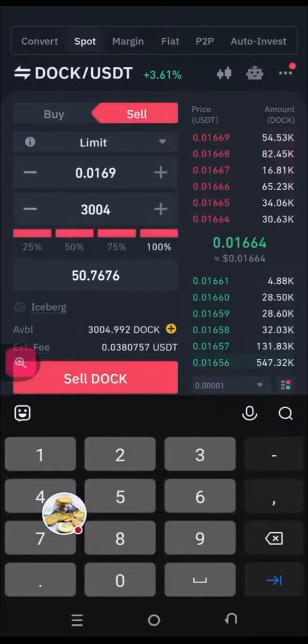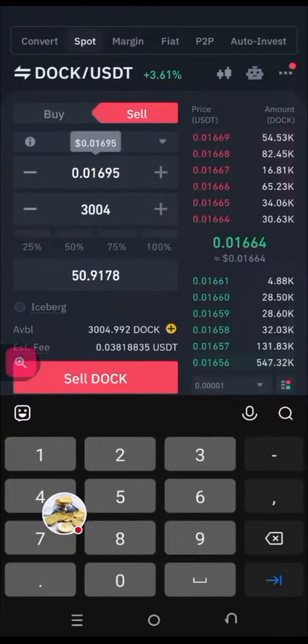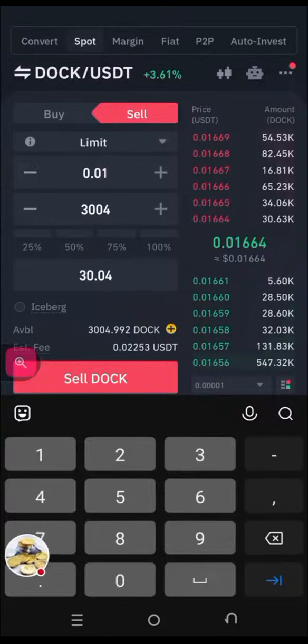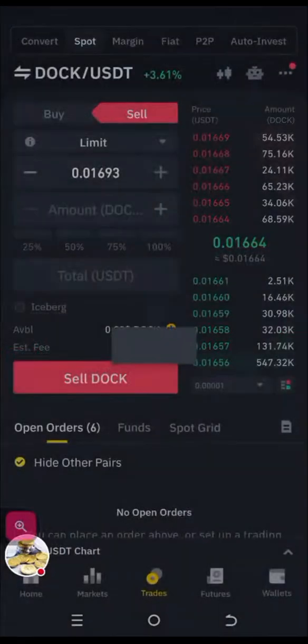Let's see. 6.95. Uh-oh. So let's put 6.91. What's that? 6.93. I want it to be at least closer to it. All right, let's go for it.